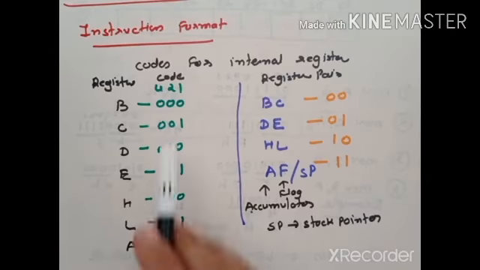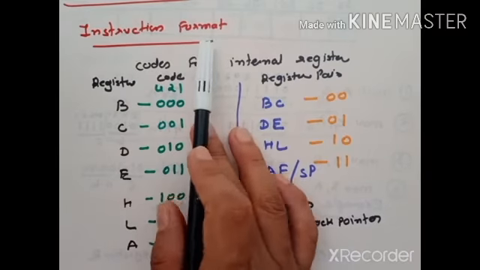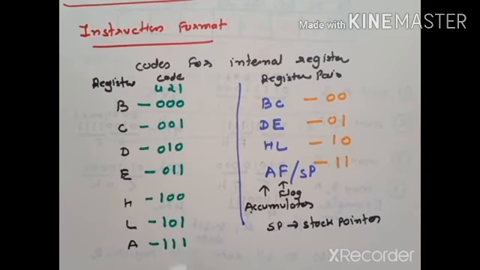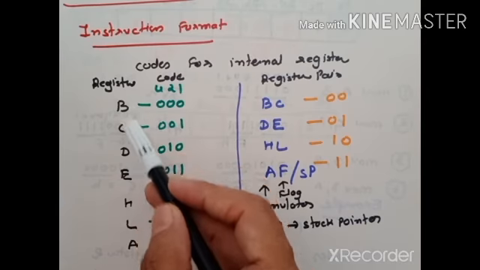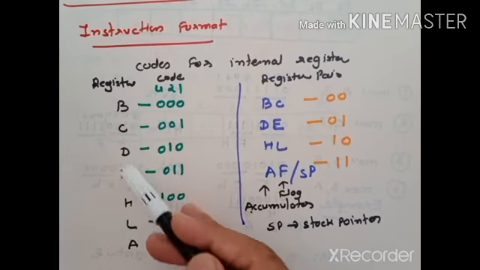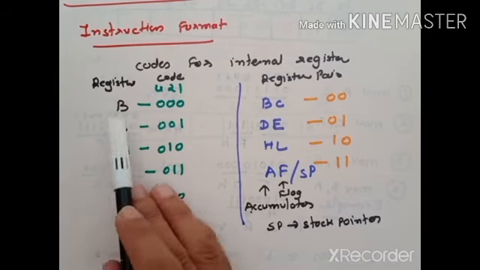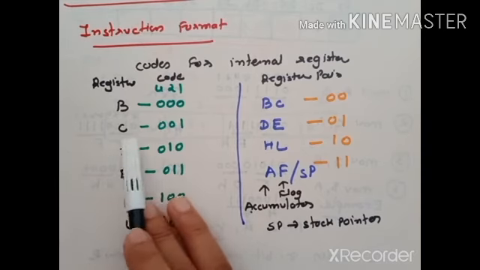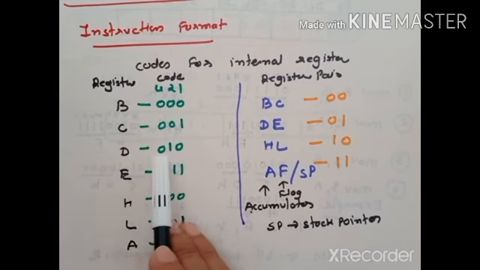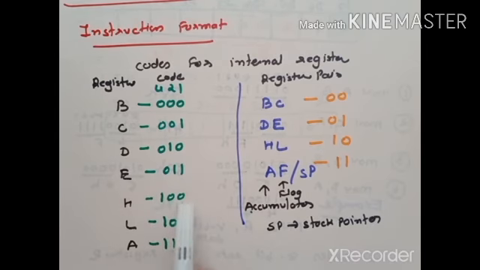Next topic is instruction format. First of all, in instructions, these registers are always used: B, C, D, E, H, L, and A. The equivalent code for those registers is: B 000, C 001, D 010, E 011, H 100, L 101 and A 111.